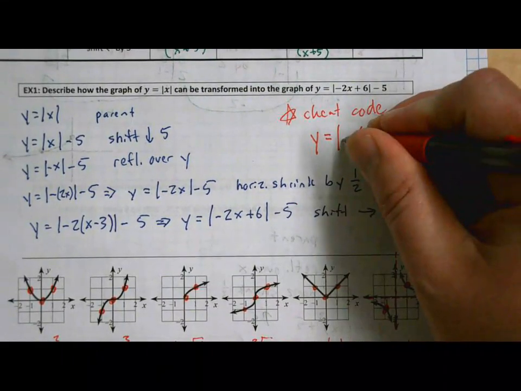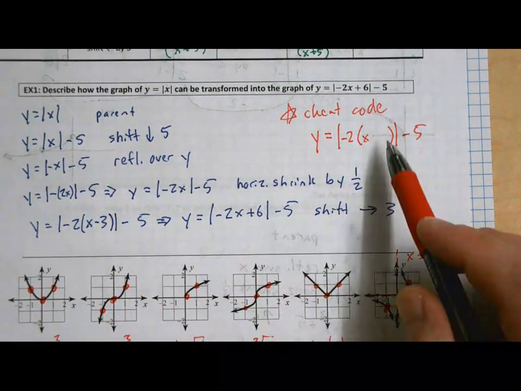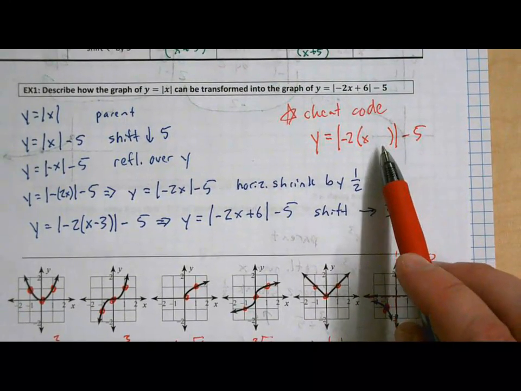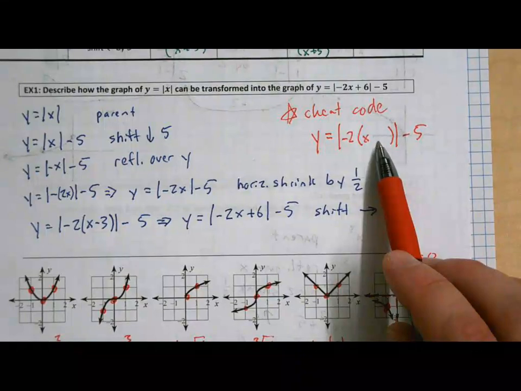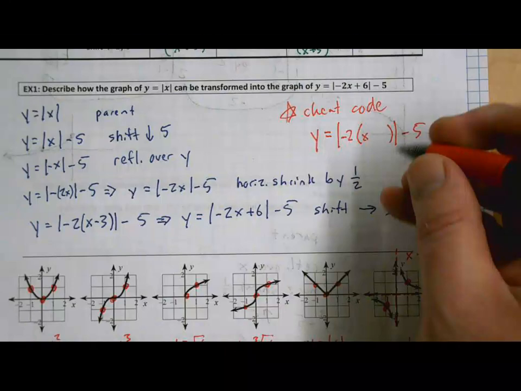So I want to pull that -2 out, which is going to change. It's no longer going to be a +6 in here. You guys know how to factor stuff out, though. What's this going to change into? -3.